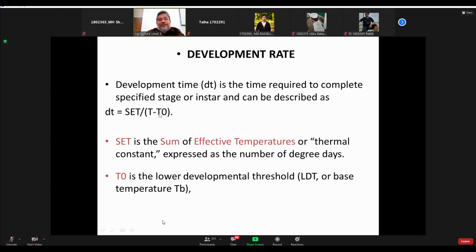There will be no metabolic activity, but life will be sustained. So that is called lower developmental threshold, LDT or TB or T0. For example, an insect lower development threshold is 10 degrees centigrade. What does it mean? 10 degrees centigrade.